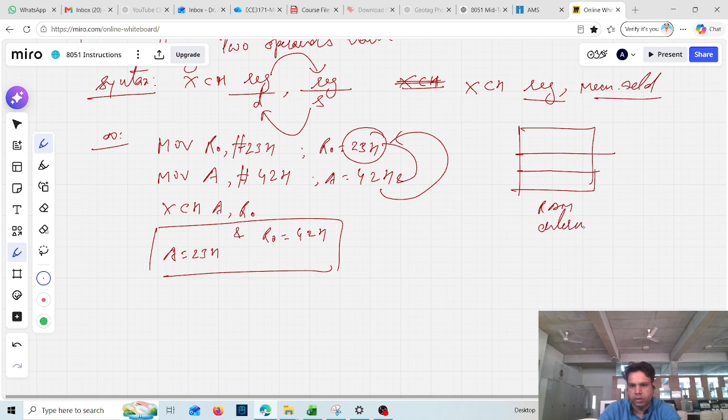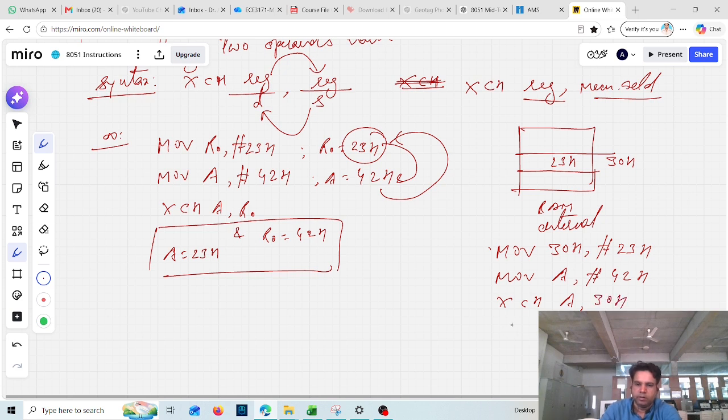I move into address 30H the immediate value 23H. Then there is another register A in which I store 4H, and I write XCH A, 30H. After this instruction is executed, A will contain the value which was in address 30H, that is 23H, and address 30H will contain the value of A, which is 4H. So this XCH is quite easy.